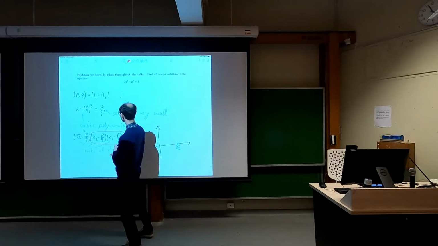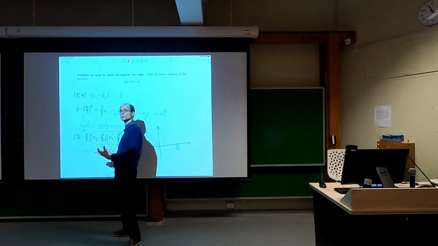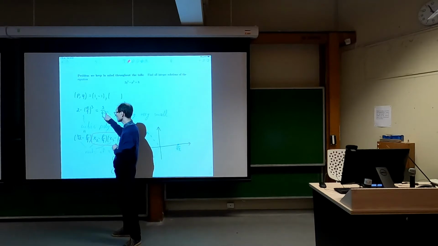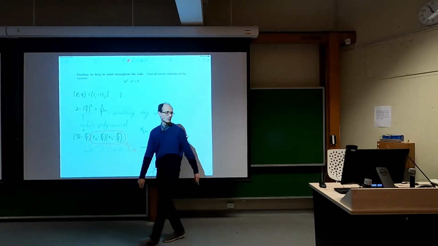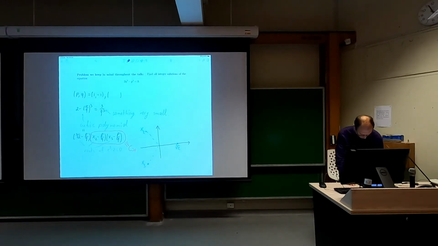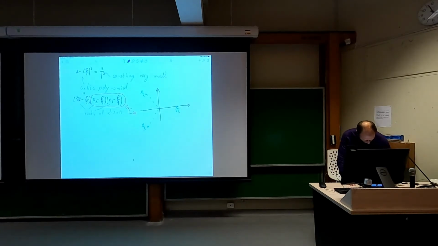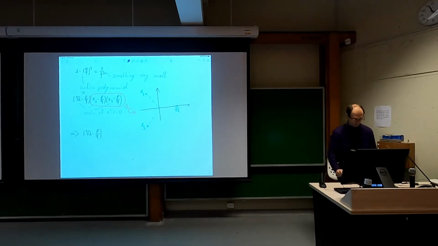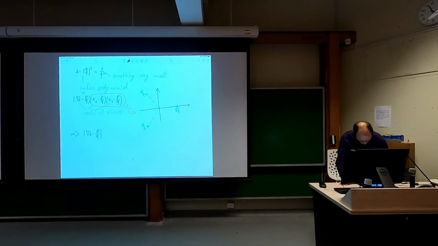We can even specify that it will be some constant, which again we can compute if you want, divided by denominator cubed. So we finally end up with something like this: that it might be smaller than, again, some constant, which we don't care about for the moment, divided by q cubed.